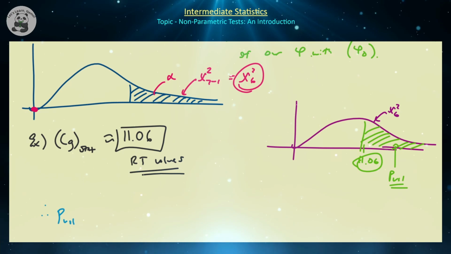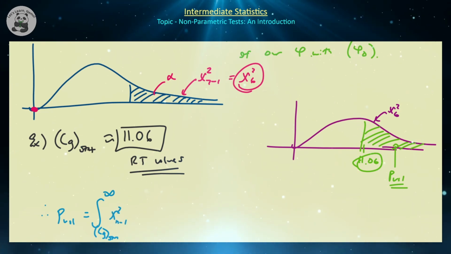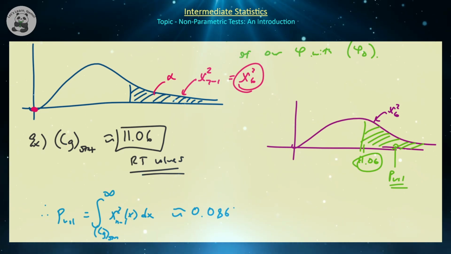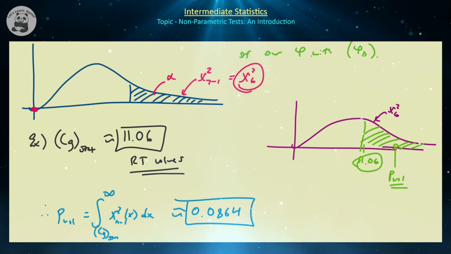The p-value is just equal to the integral from our chi-square goodness of fit test statistic to positive infinity of our chi-squared n-1 density with respect to that variable. For this particular value, you're going to find that it's approximately equal to 0.0864.